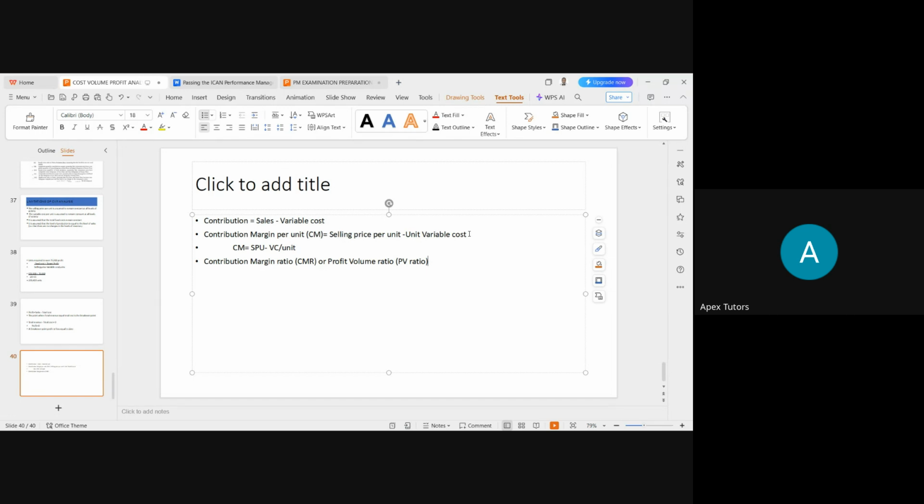Or in simple terms, it can be contribution to sales ratio. Please, if you are writing, you can put that in full. Some people will still come and ask me, what is that expression? Please, contribution to sales ratio.